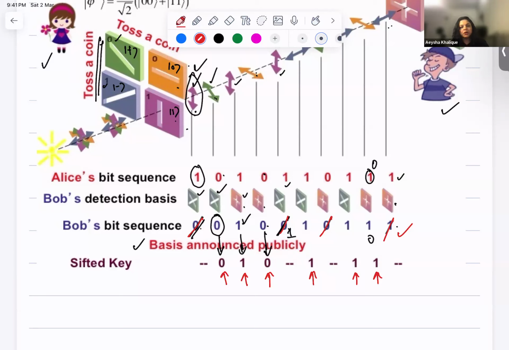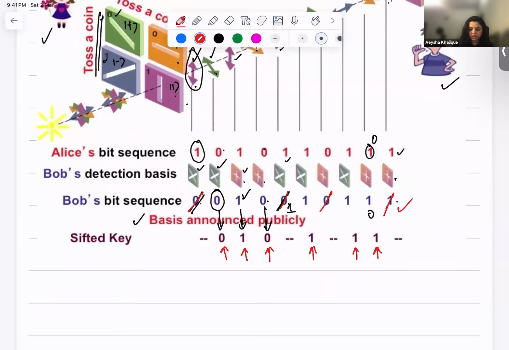Why? Because the bases are chosen randomly, right? So 50% of the time their bases will match, and so 50% of cases will be the ones in which their bases will not match. They will discard all the cases where bases do not match, which means that they will discard 50% of the bits.